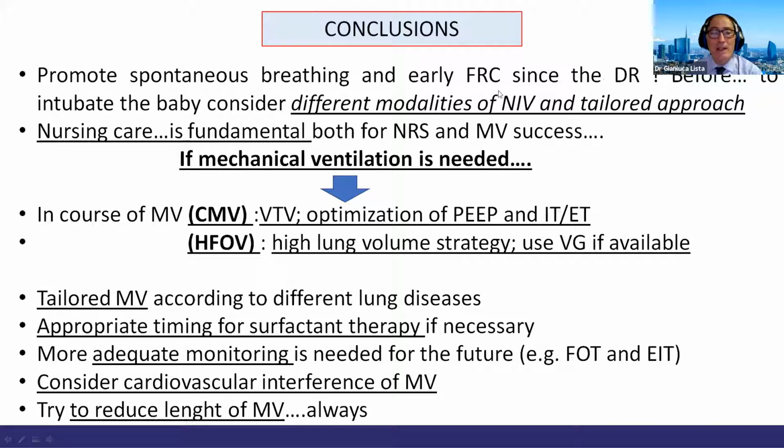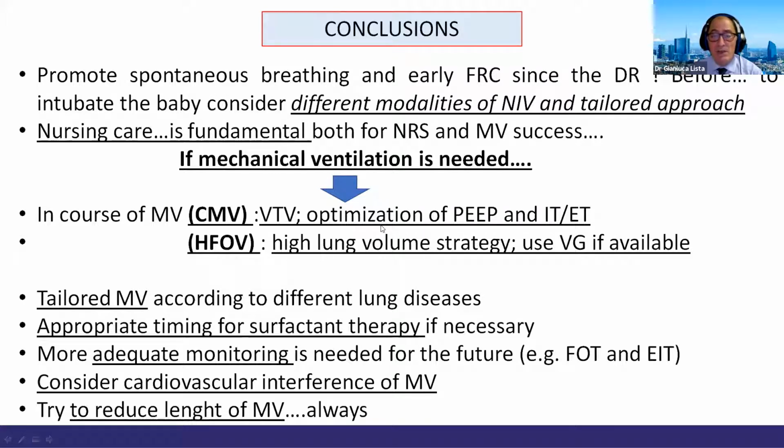So in conclusion, always try to promote spontaneous breathing early, and functional residual capacity in the delivery room. Before intubating the baby, please consider different modalities of non-invasive respiratory support and try to tailor your approach. Nursing care is very important during non-invasive respiratory support. Anyway, when mechanical ventilation is needed, if you are using conventional mechanical ventilation, volume targeted ventilation is better than pressure limited ventilation.